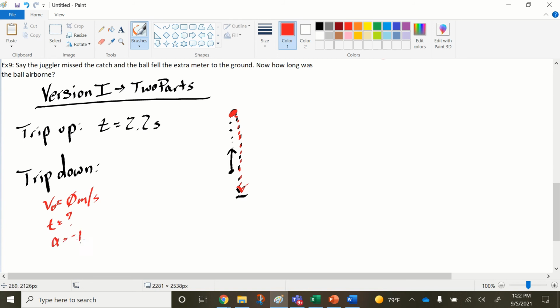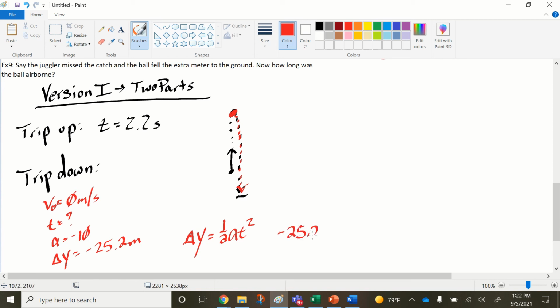We know gravity is the thing causing it to accelerate, and your change in position is now a negative 25.2 meters. It went up 24.2 meters, and if it falls an extra meter below where it was, there's your change in position. And so we can use that same equation that we used in the last problem, 1/2 at squared.